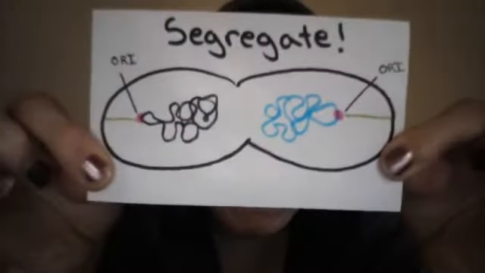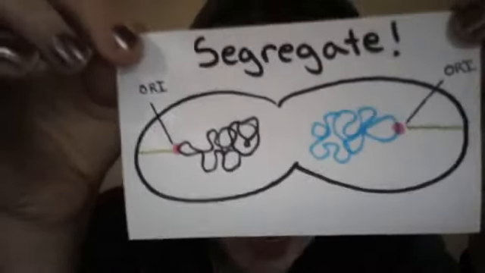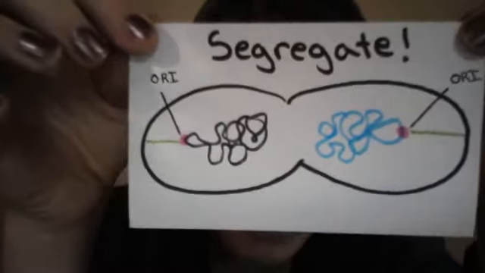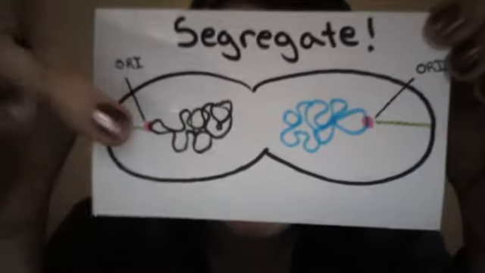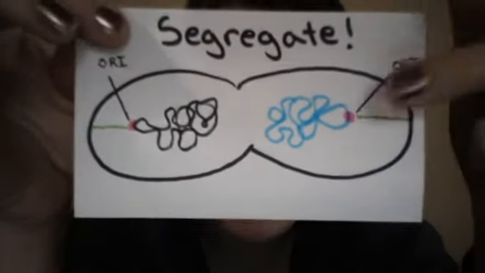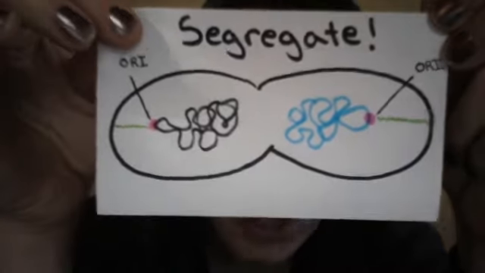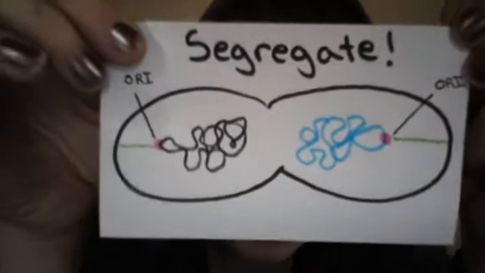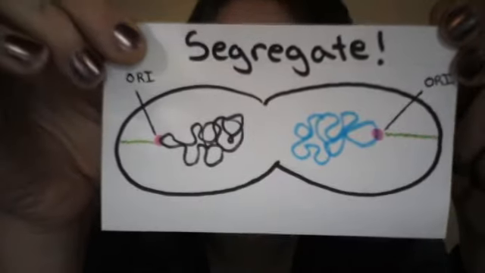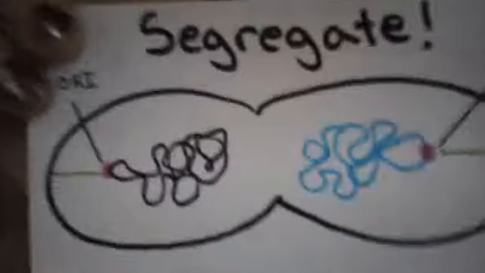Segregate. Now, I don't know what kind of specifics you need to get in here, but because they are genetic copies of each other, they both have origins of replication. Both the parent and the daughter DNA have origins of replication, and those are denoted by the pink spots there. Now, you see these little green lines?